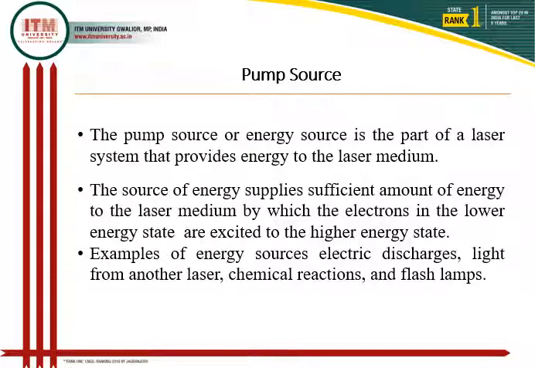So this is the process of achieving a greater number of electrons at higher energy. For this we use pumping. These sources supply a sufficient amount of energy to the laser medium, by which electrons in the lower energy level are excited to go to higher energy states.